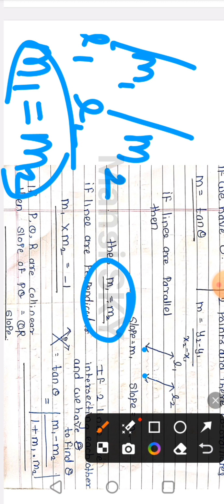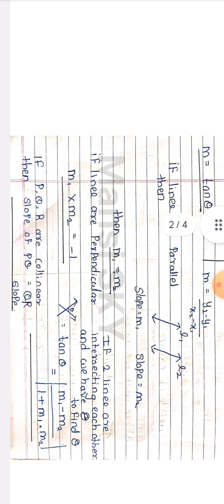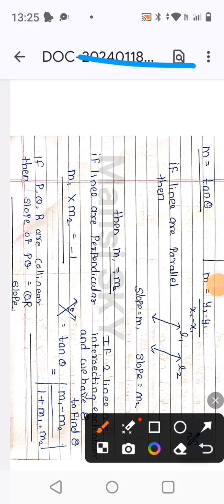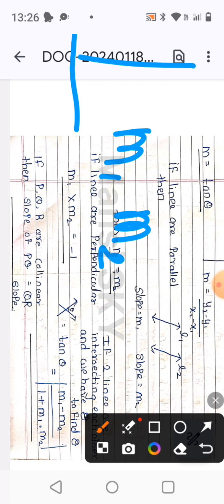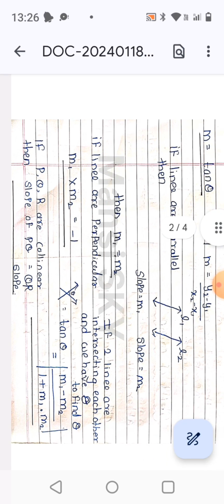So this is a very important property for solving questions. Then the second property is if the lines are perpendicular. If we have two lines like this which are perpendicular to each other, then the product of the slopes of both lines, slope 1 and slope 2, when multiplied, the answer will be -1. So this is a very important property for question solving, so just remember them.